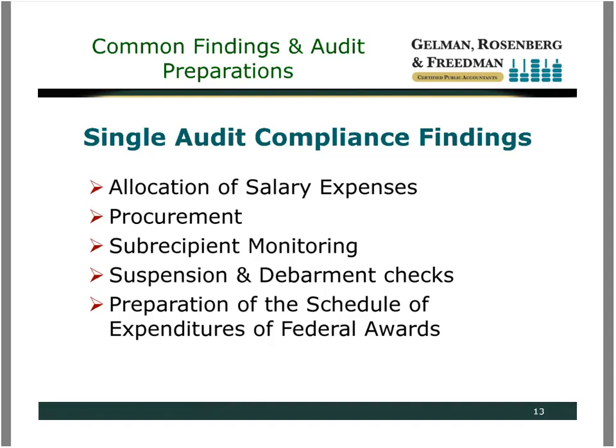Yep. And preparation of the schedule of expenditures of federal awards. This comes up quite often as a finding, that we can't prepare it, or we don't know how, or how to put all the correct information that's required on there. So what we tell an organization when we come in and they're struggling with that is, look through last year's audit report.